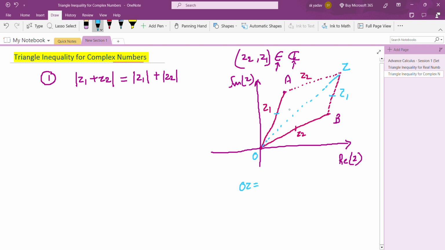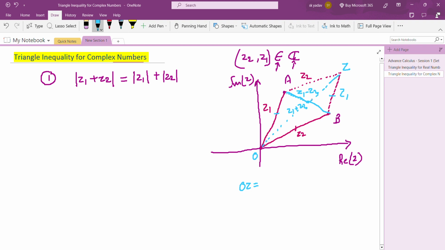So what is the value of OZ? This is Z1 plus Z2. Okay, and we can draw another diagonal over here. So this is our other diagonal. What is the value of this one? The value of this one is Z1 minus Z2.